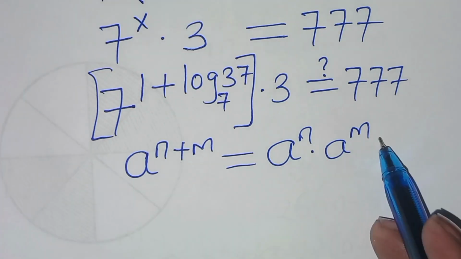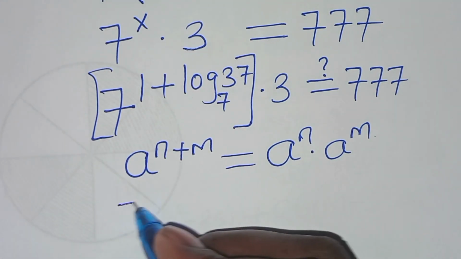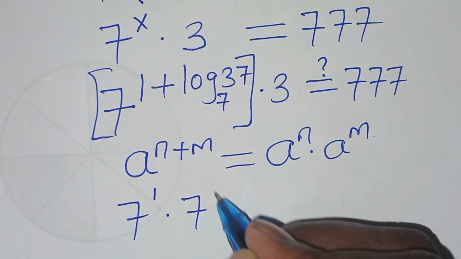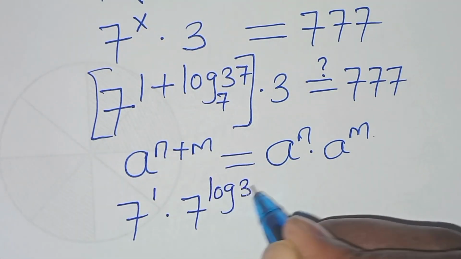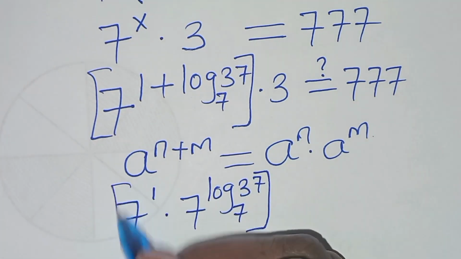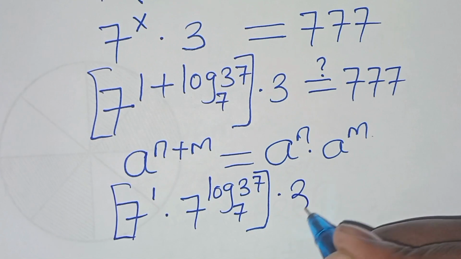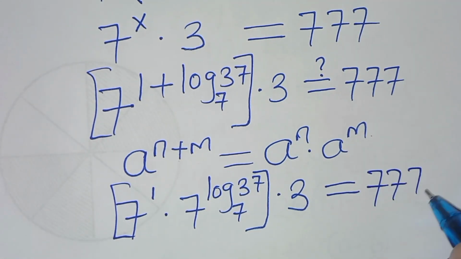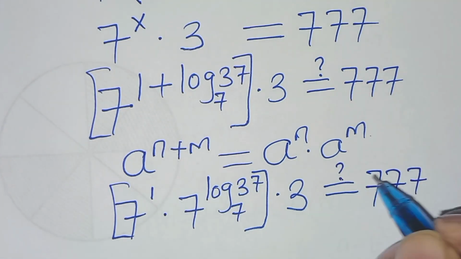Applying this exponent property, we have 7 to the power 1 times 7 raised to the power log 37 to base 7, everything multiplied by 3. This is supposed to give us 777. Let's check if this is true.